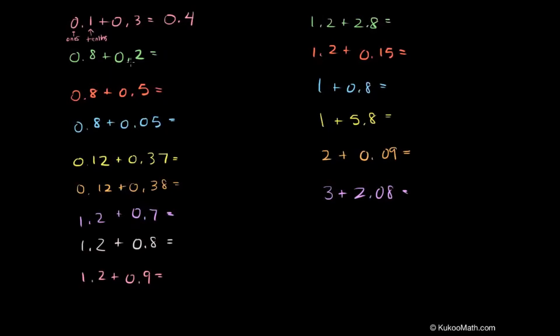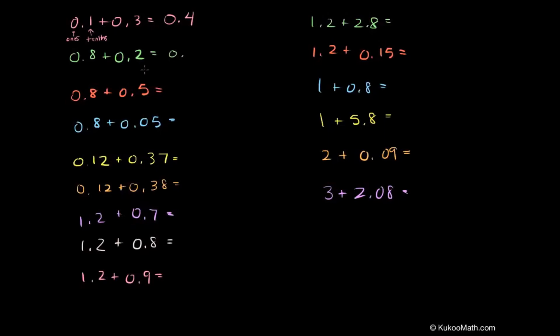Alright, 0.8 plus 0.2. Again, this is the ones place, that's the tenths place, so we're going to add respective places. We start out with a 0 point, and then we do 8 plus 2. We get 10. When that happens, we're going to bring over, because we can't write 10. We can't fit the number 10 into one placeholder.